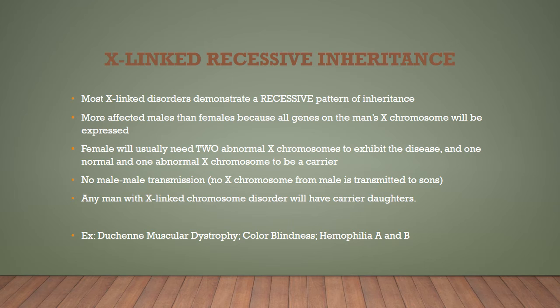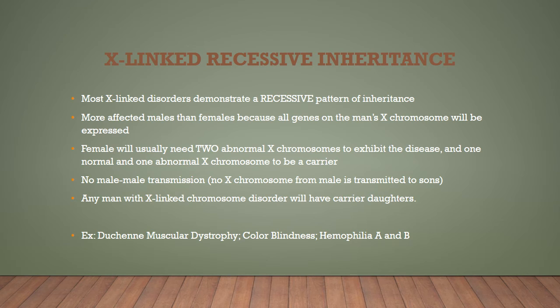There is no male-to-male transmission because there is no X chromosome that goes from the man to the son. They only transmit that Y chromosome, so men cannot give it to their sons. However, because their daughters get their X chromosome, they can transmit it to their daughters. They will, because that's all they have is that affected X chromosome. So it goes to the daughter, and the daughter will at the very least be a carrier.